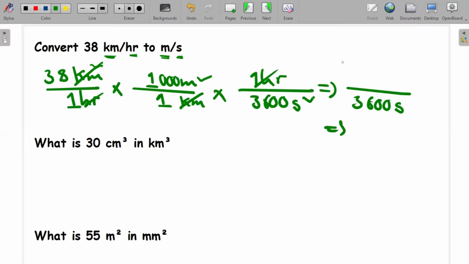What answer are we going to get? Anyone who can give it a try? Sorry, is it 38 or 36? It's 38.